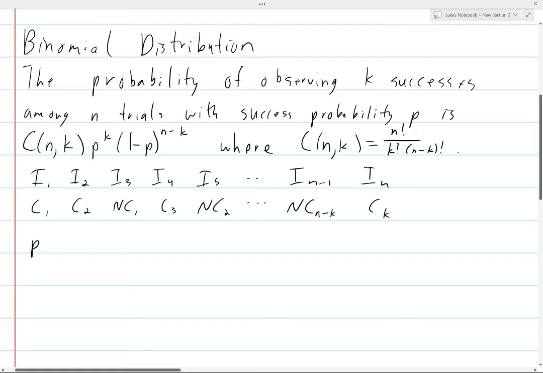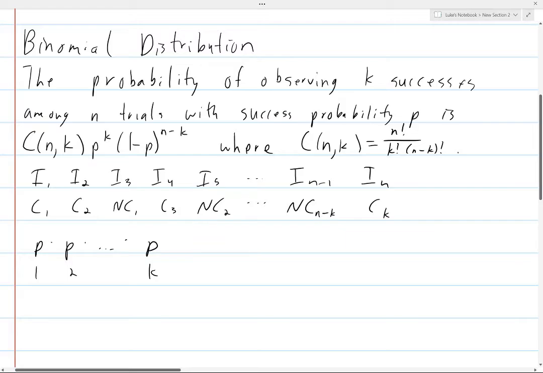The first trial is a success, which has probability p, and the second trial succeeds, so that's probability p. If this is the first trial, this is the second trial, and this is the kth trial, I'll put the trial labels down below: 1, 2, all the way up to k.